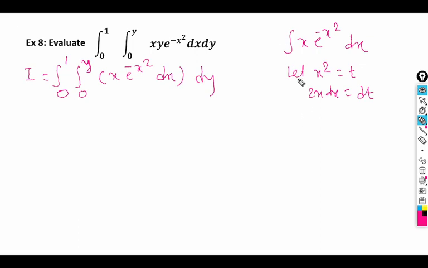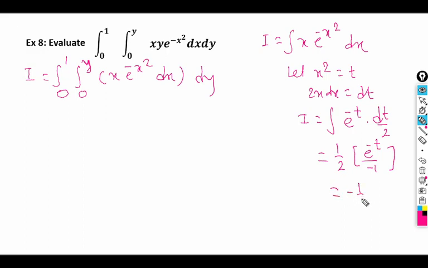So this integral I will become integral, x dx is dt by 2, so e raised to minus t into dt by 2. So 1 by 2 is constant outside. Integral of e raised to minus t is e raised to minus t upon minus 1. Resubstitute the value of t, minus 1 by 2 e raised to minus x square.